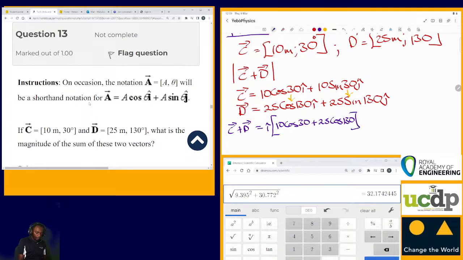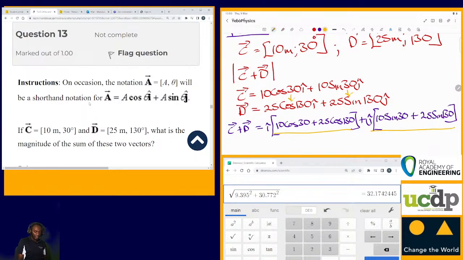Now we deal with the j vector, which is 10 sine 30 plus 25 sine 130. And we notice this is the j direction, and this is the I direction.